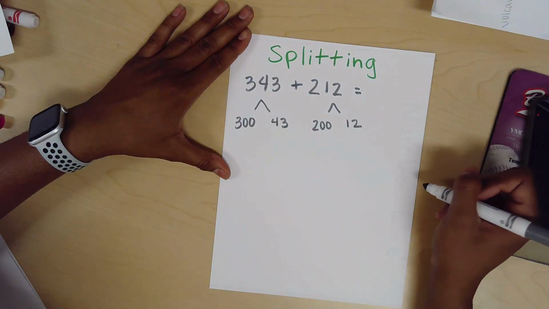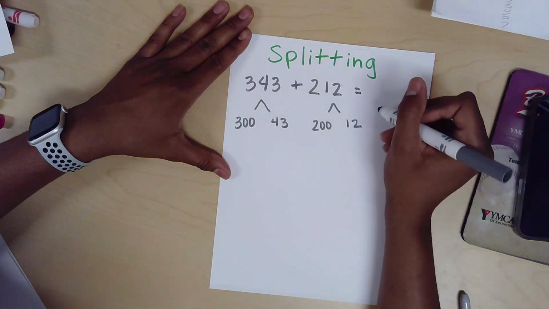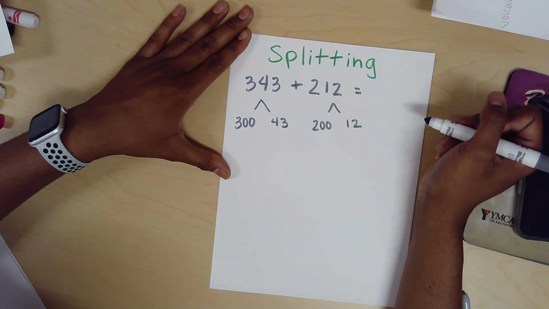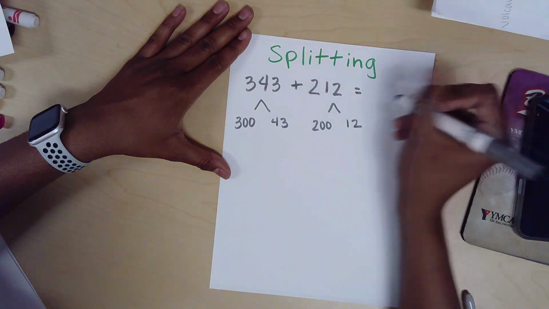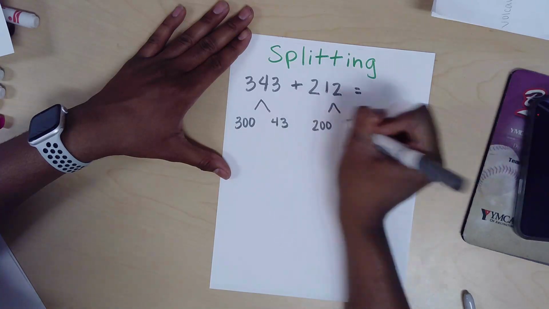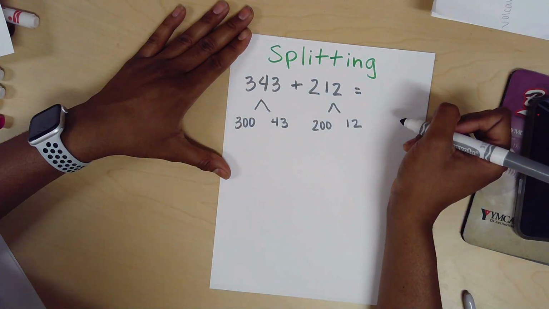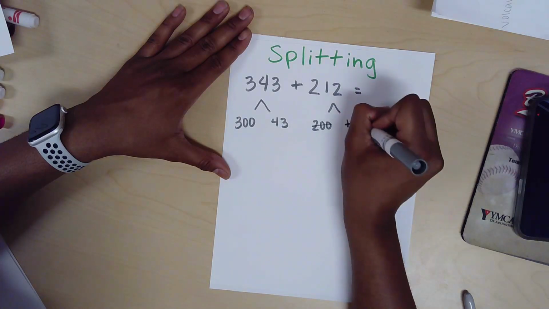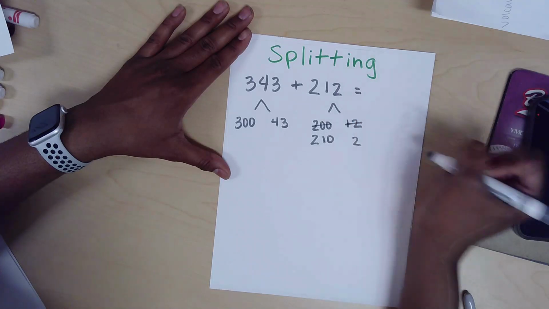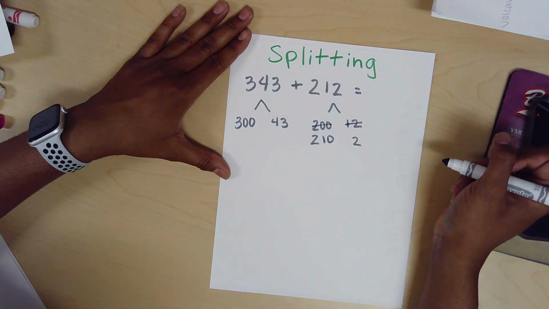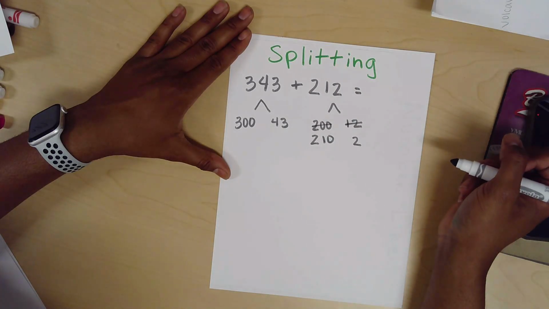They might even see 310 and 2, because honestly, I think that's kind of easier in my head. So I'm going to change that actually, sorry. But that's the joy of doing it this way, is that you can change it up in your head a little bit. So I'm going to change this one to 210 and 2. Hopefully you can still see that and where I got that from.